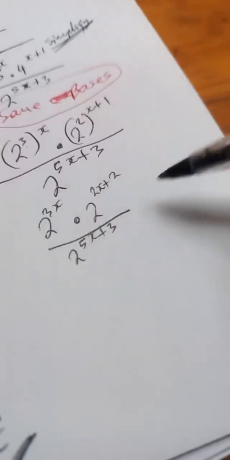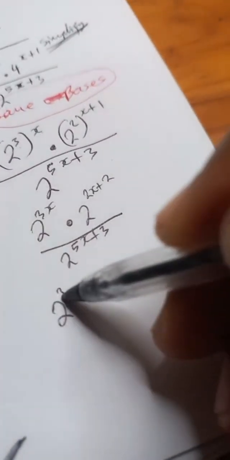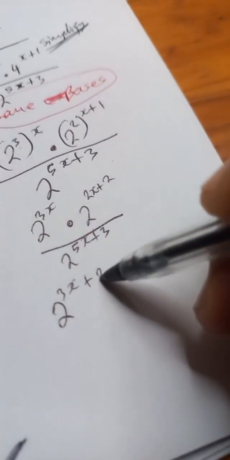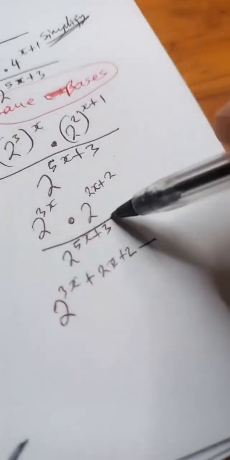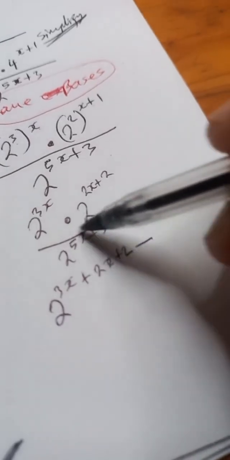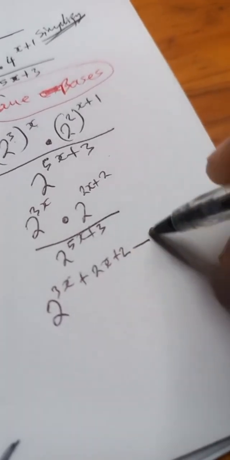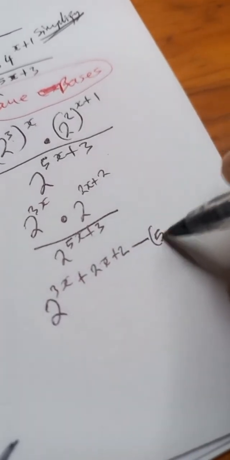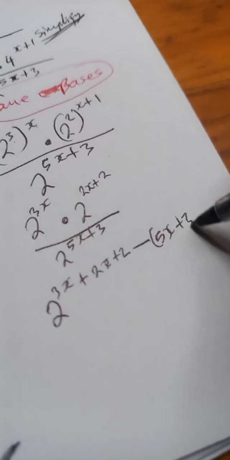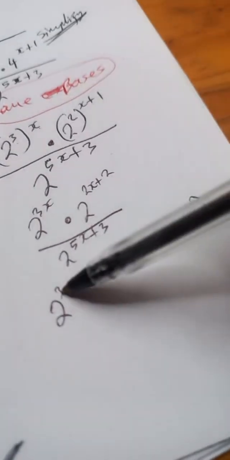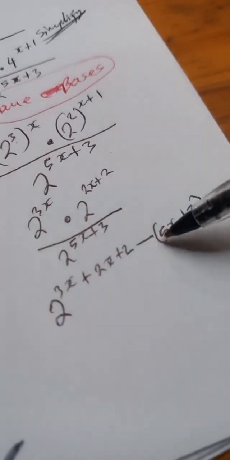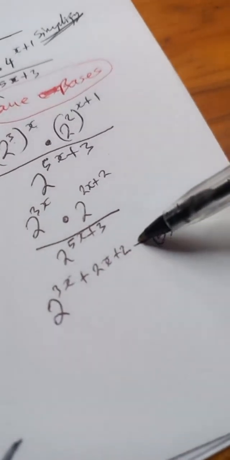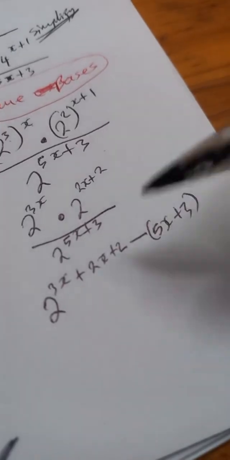Right. Now, it's going to be 2 to the power 3x plus 2x plus 2 minus, because we are dividing, so we have to subtract, right? Minus 5x plus 3. So it's 3x plus this, which is 5x, minus this, which is 5x, which is 0, right? So we have 2 minus 3, which is negative 1.